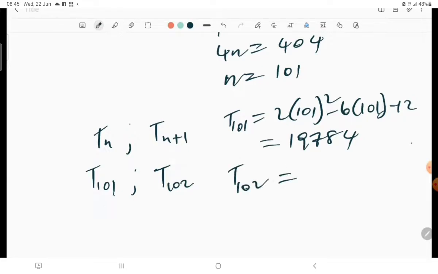Then let's get 102. Then 102 is going to give us 2184.